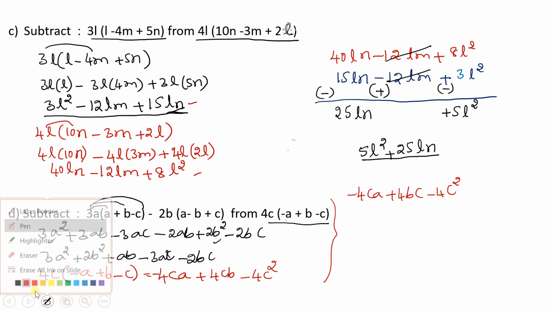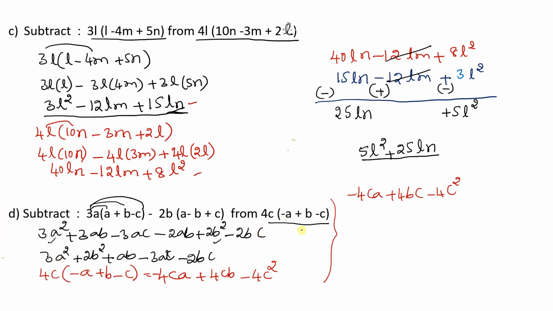So from this you have to subtract this. So 3a square, we don't have that term. Ca term is there? Yes, it is minus 3ca or ac, minus 3ac. Then minus 2bc. c square term is not there. ab term is also not there. So plus 3a square plus 2b square plus ab.